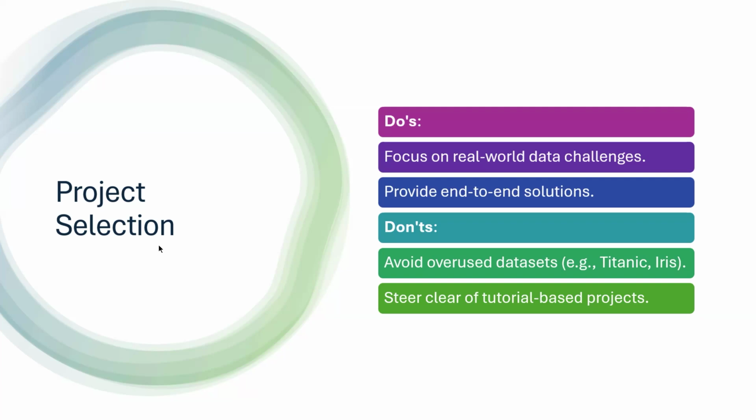So what are those things that you should stay clear of? Avoid overused data sets. There are some data sets that are so overused that, in fact, almost everybody has worked with them. Almost everybody that you can think of has worked with them.